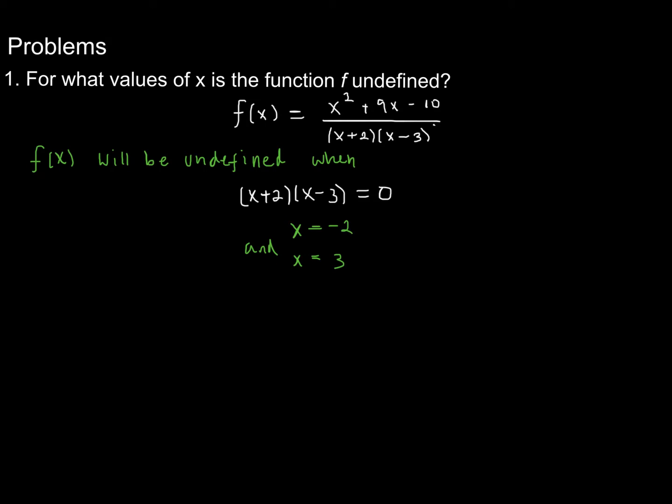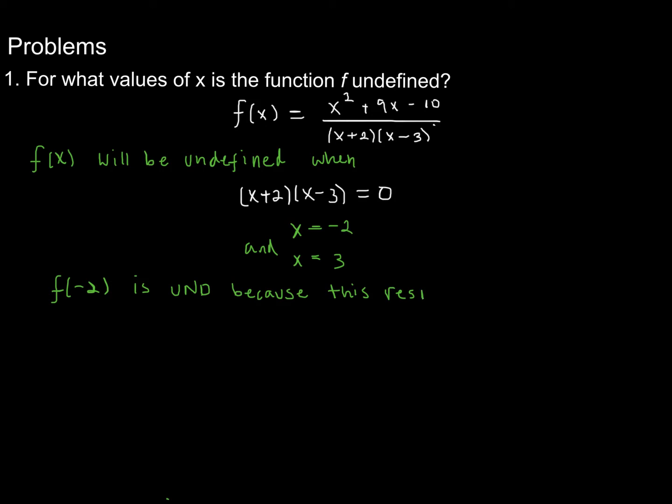So another way that we could write this is we could say f of negative 2, the function evaluated at x equals negative 2, is undefined or does not exist because this results. And why is this undefined? Well, remember, that's because if we had an x value of negative 2, our denominator would be 0.